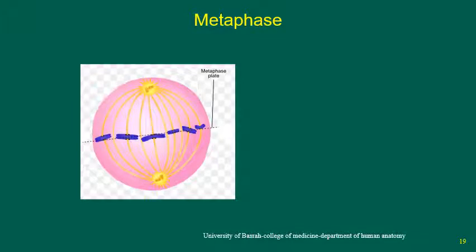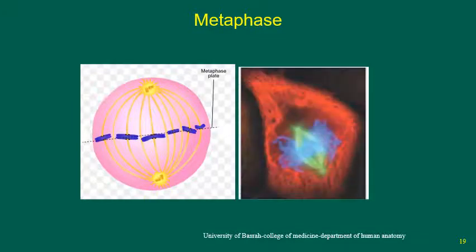The third stage of mitosis is called metaphase. This stage is characterized by the following. First, the chromosomes, or the two chromatids, are still attached to the single centromere, giving the chromosome an X-shaped appearance.